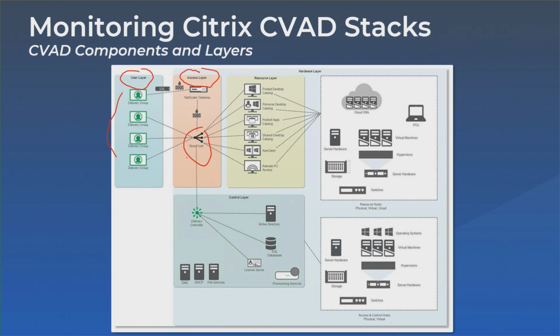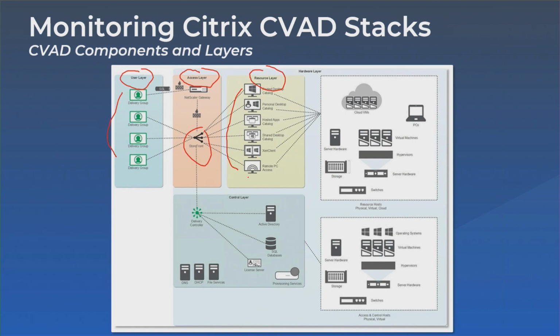So your users can click on them to get access to their resources, like those virtual applications and virtual desktops. There is a resource layer with all kinds of catalogs in it. They hold up server and desktop OS machines, and your user workflows are running on there, so important to monitor.